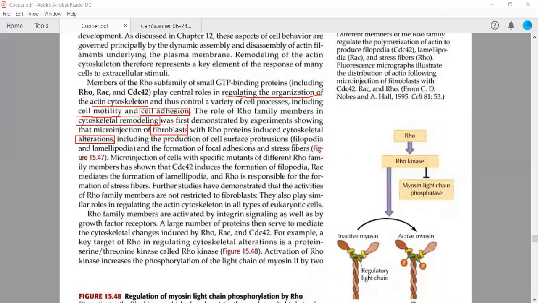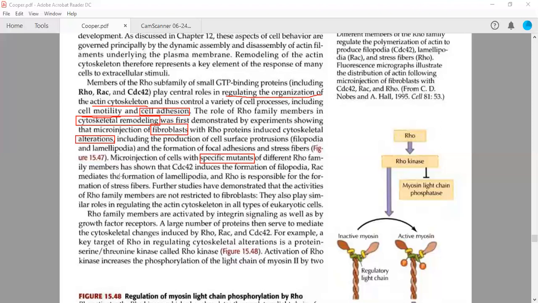Protrusions are called filopodia and lamellipodia, whereas there is also the formation of focal adhesions and stress fibers. Microinjection of cells with specific mutants of different Rho family members shows that specific structures will form, either filopodia or lamellipodia. So CDC42 was found to be involved in the formation of filopodia.